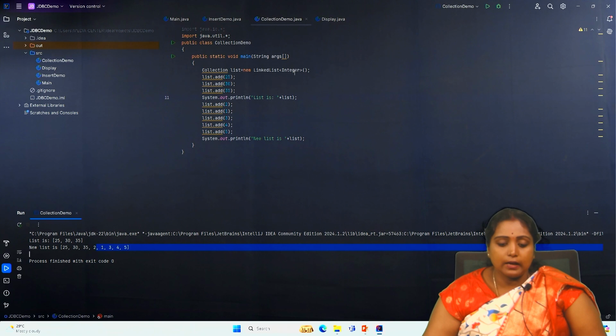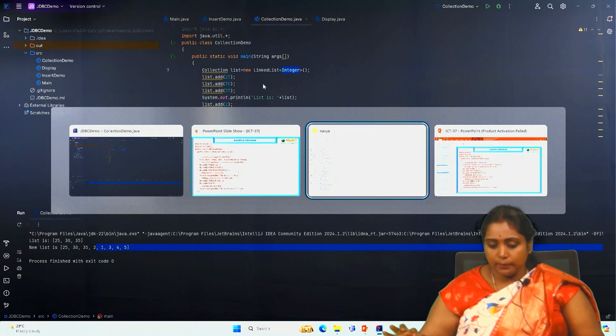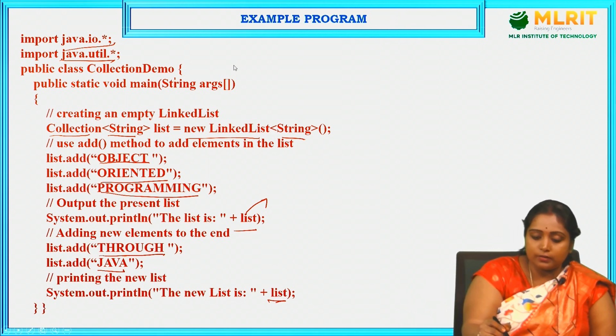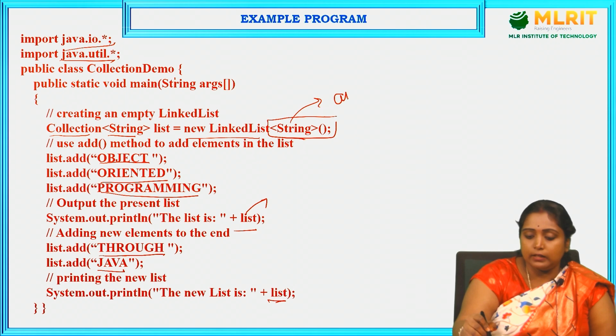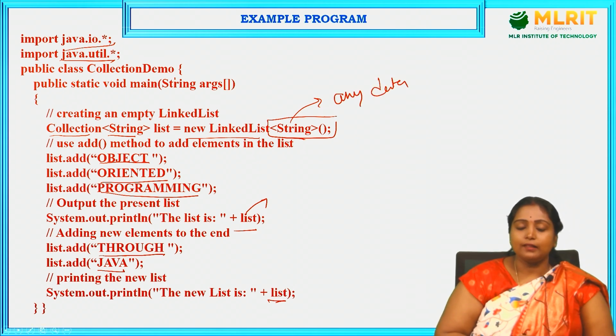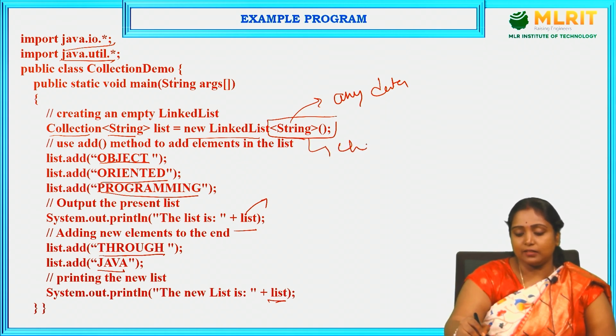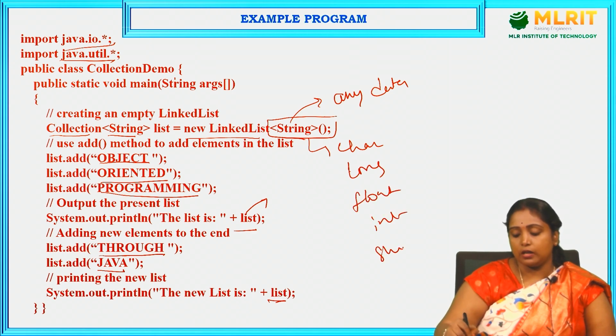As this was a linked list, here I am creating a new collection using the collection framework. This string could be any data type. If you change the data type in these angular brackets, in the same way you can go with any type of data, like string or characters, or long, float, int, short, and everything I can have.